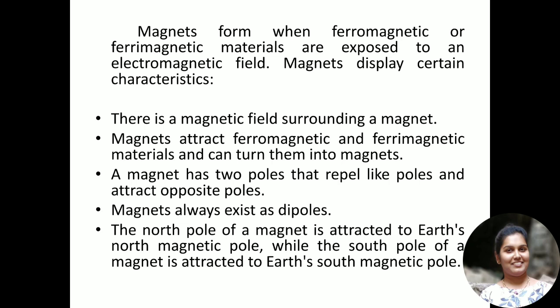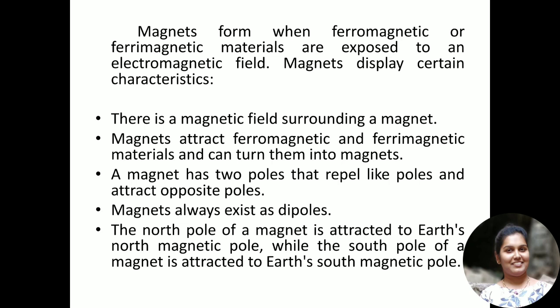The first point is that there is a magnetic field surrounding a magnet. Though it is an invisible thing, we can sense a magnetic field around a magnet. The second point is that a magnet attracts ferromagnetic and ferrimagnetic materials and can turn them into magnets.